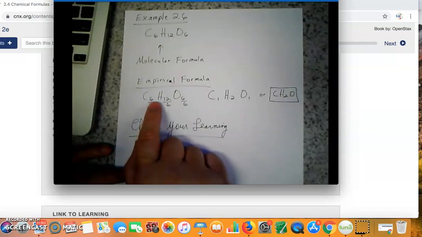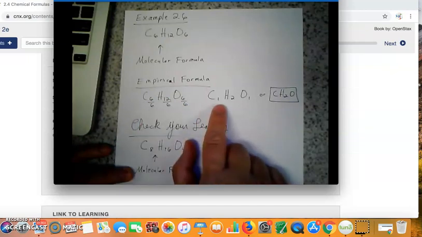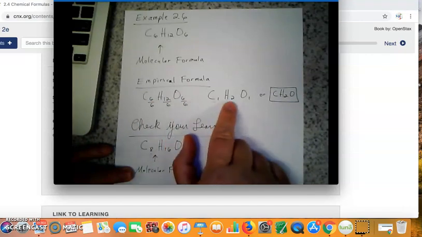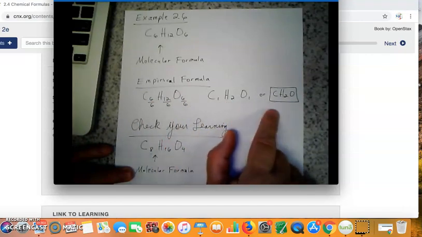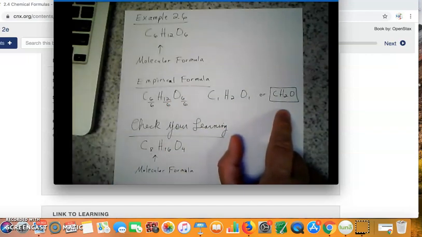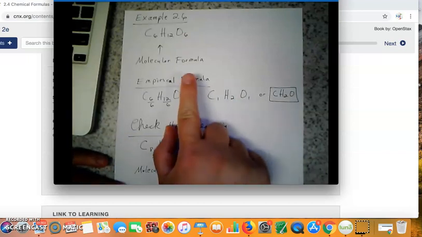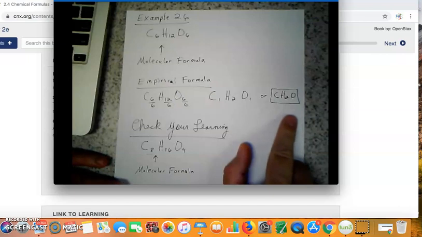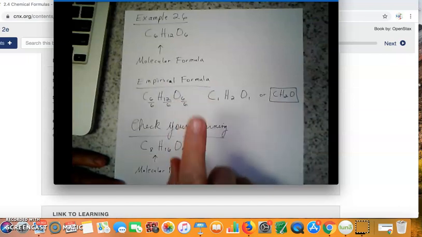So I use the highest number, 6. 6 over 6 is 1, 12 over 6 is 2, 6 over 6 is 1, so our empirical formula for glucose would be CH2O. And you notice the empirical formula can be the same for different molecular formulas, because this was the answer for another problem we had earlier.